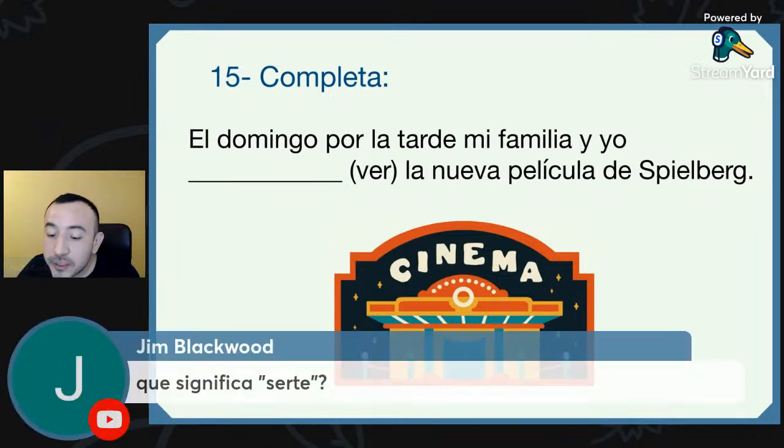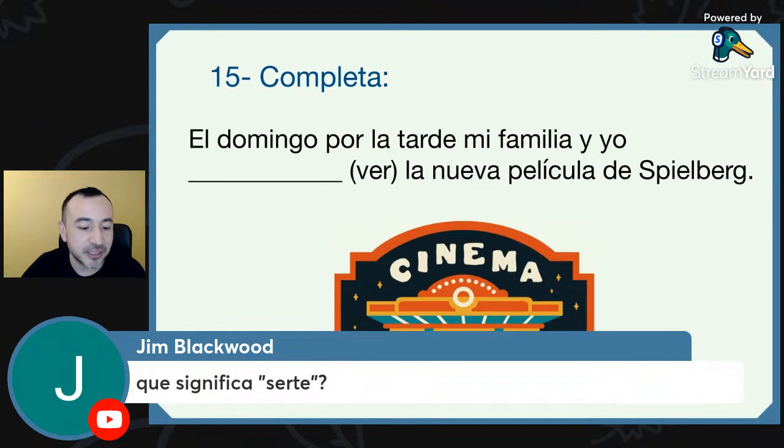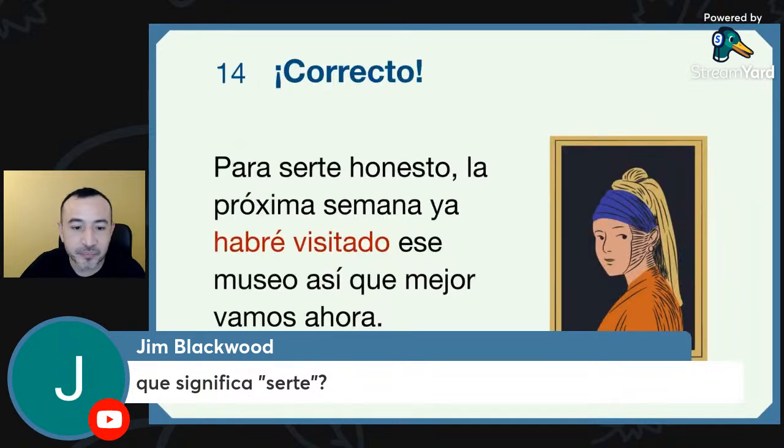Oh, we have a question from Jim. ¿Qué significa serte? Ah, interesting. Yes, let's go back. So that serte, if we remove that te, para ser honesto, being honest, it's general, right? But then if we have that te, para serte honesto, being honest to you.